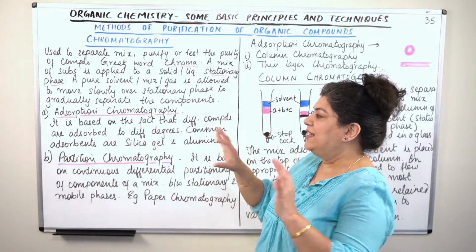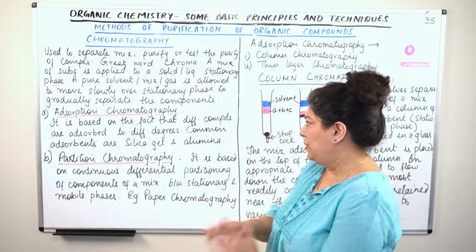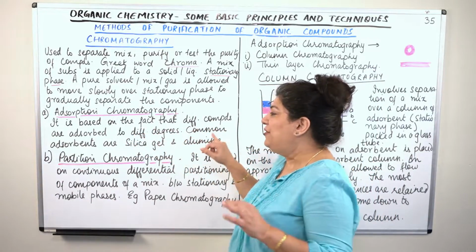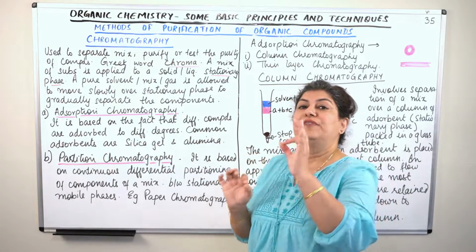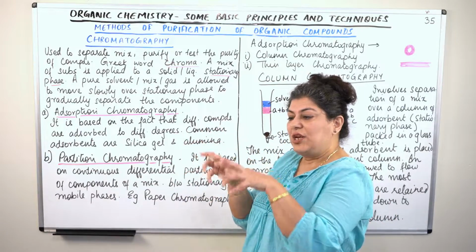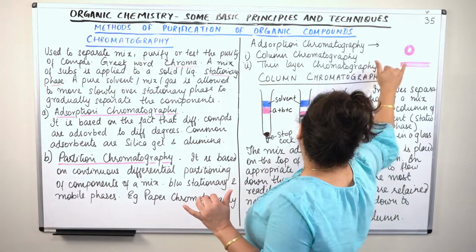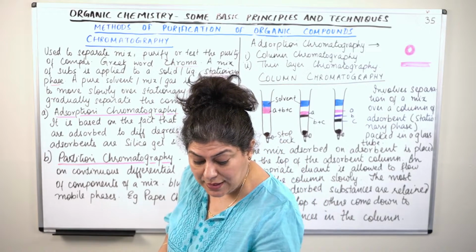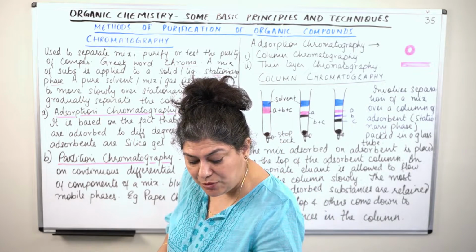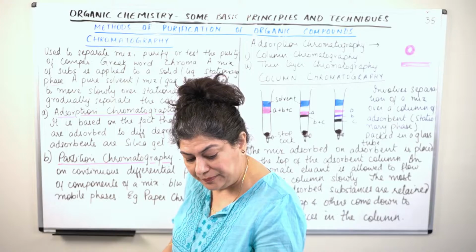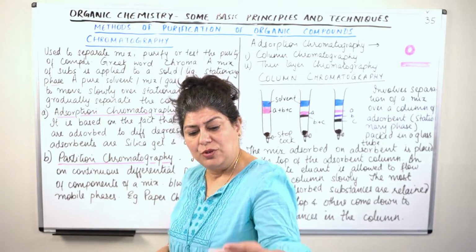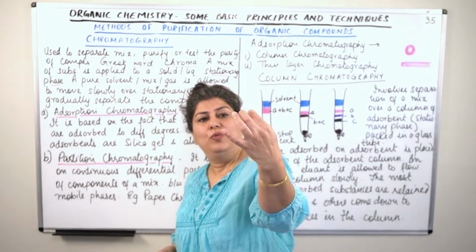The first, that is adsorption chromatography, what is it based on? It is based on the fact that different compounds are adsorbed to different degrees. Let us say we used this, where the water traveled more than the soy sauce. Not the best example, the soy sauce has also now traveled all over.